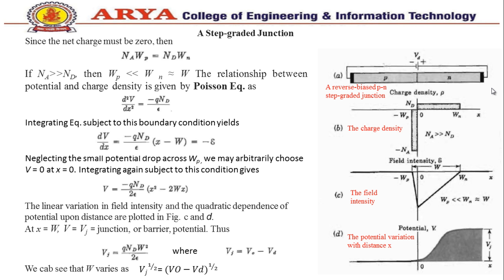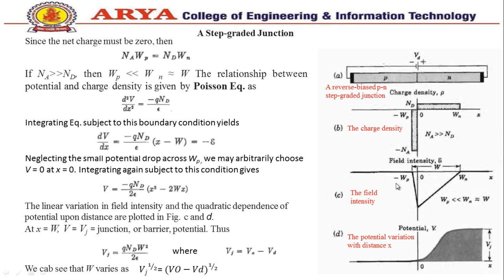A step graded junction is also found between emitter and base of an integrated transistor. It is not necessary that concentration Na of acceptor ions is equal to concentration Nd of donor impurities. As a matter of fact, it is often advantageous to have an unsymmetrical junction.